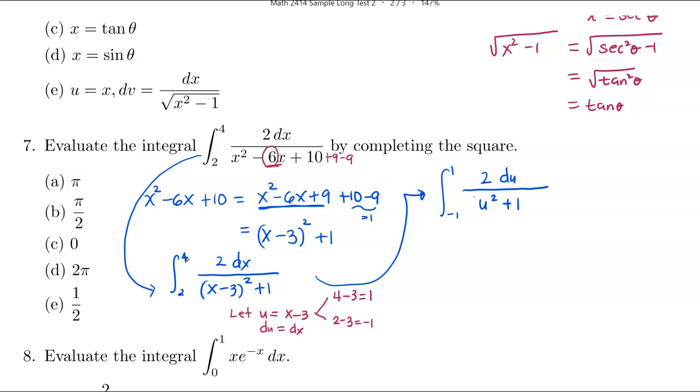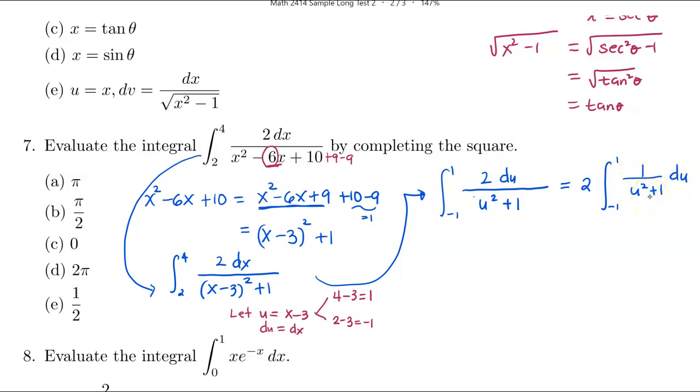Okay, so what's the integral? The integral for this is, so since you have u squared plus 1 in the denominator, that is just like tangent inverse. Okay, so what you could do is you take out the 2, look at it like that, negative 1 to 1, 1 over u squared plus 1 du. And what is the integral here?